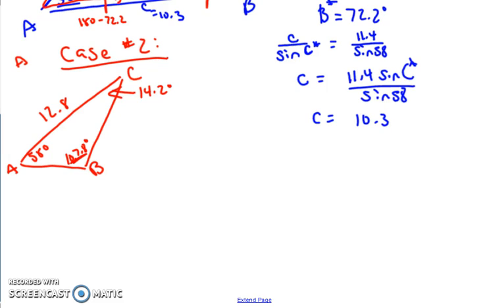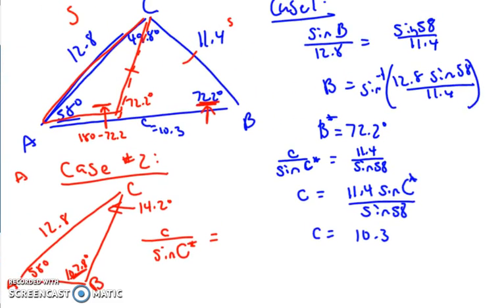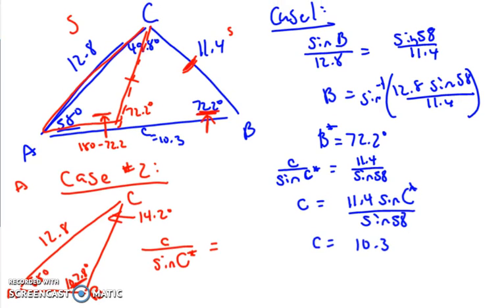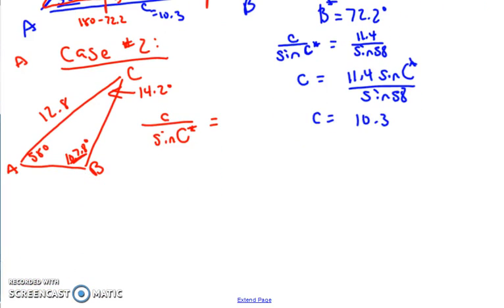So I can just use the law of sines for that. We need to figure out side C divided by sine of our stored angle C has to equal side, let's see here, didn't we have side A? We did have side A, I just forgot to mark it. This side is 11.4, this side's also 11.4.